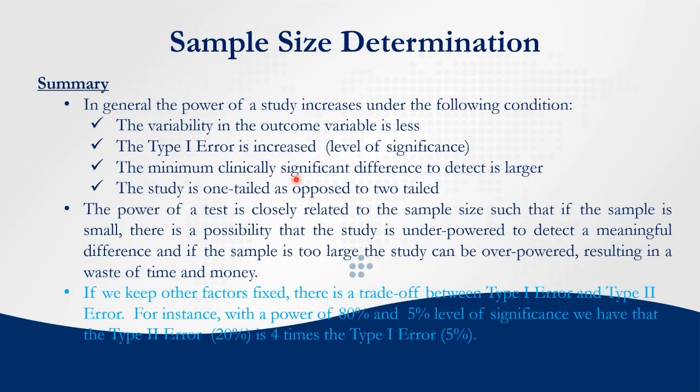So, in terms of the power, some summary: it does depend on the variability, and it increases when the variability is less. When we increase the level of significance, the probability of type 1 error is increased. The effect size being larger also increases power.